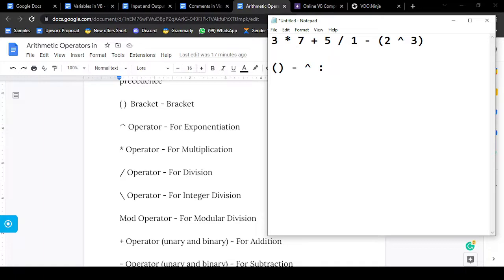So this is going to be 3 multiplied by 7 plus 5 divided by 1 minus 2 caret 3 is what? 8. Now, following this same order that I have over here, which one is the next one I'm supposed to tackle? So I've tackled the caret.